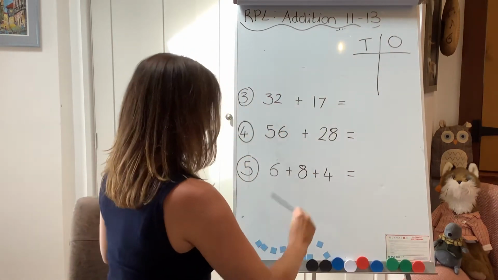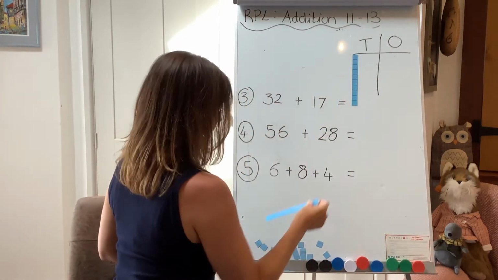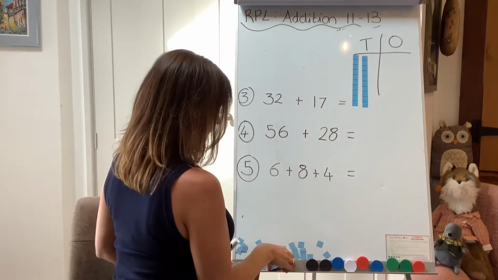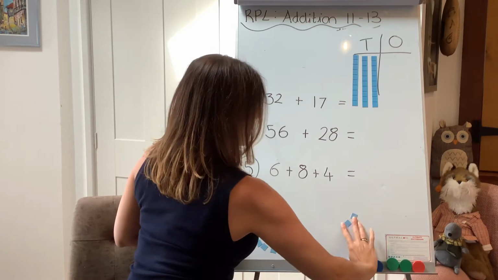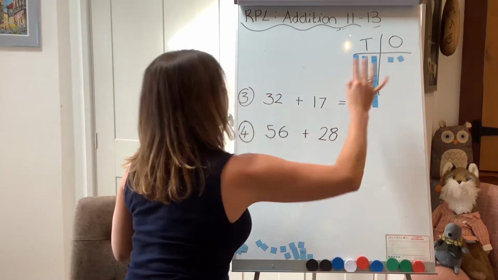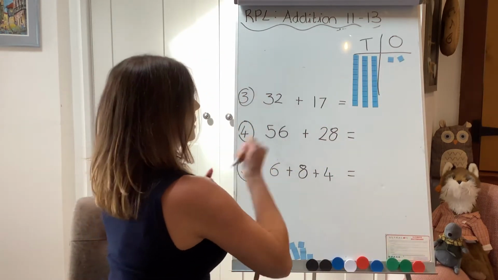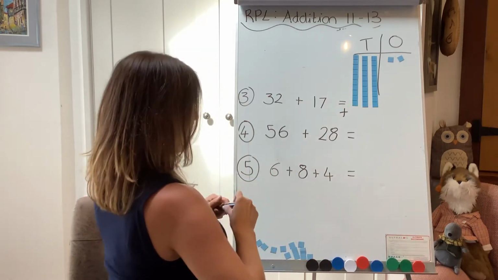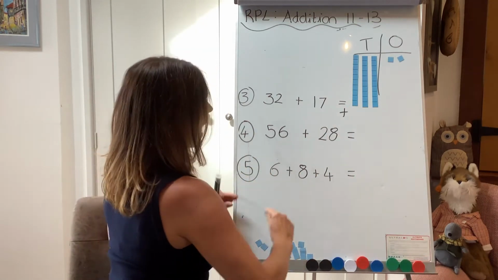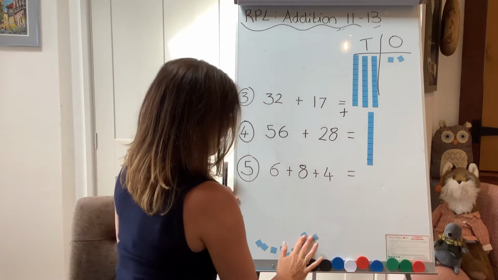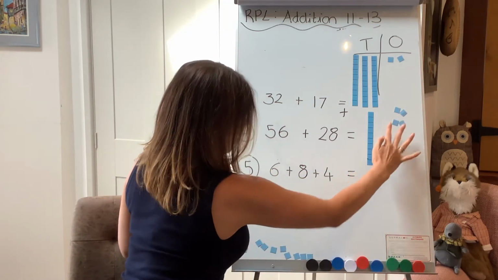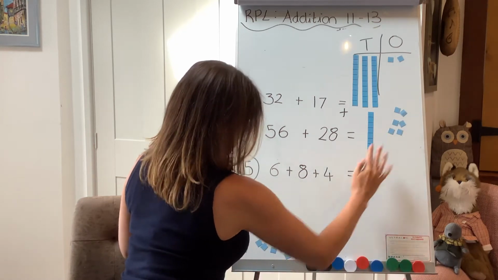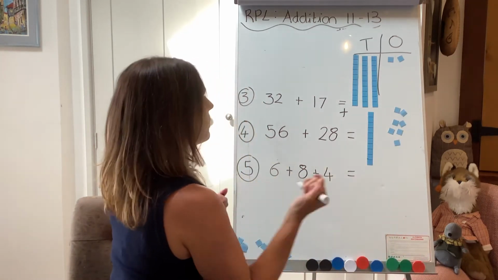So I can make 32, partition it into 3 tens and 2 ones, and then I can partition the number that I'm adding to that, partition it into 1 ten and 7 ones, and then I can add those together.